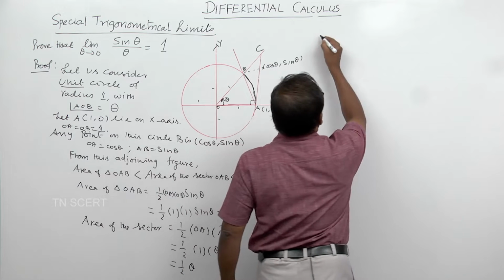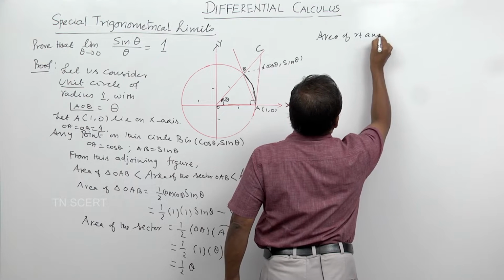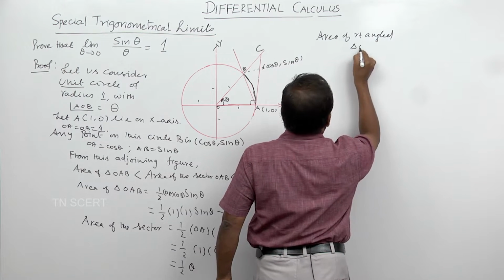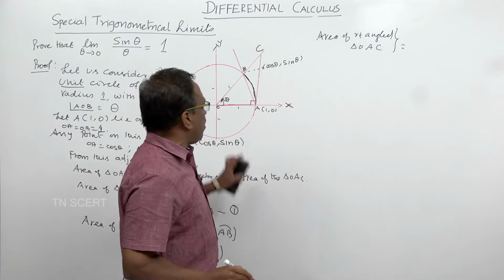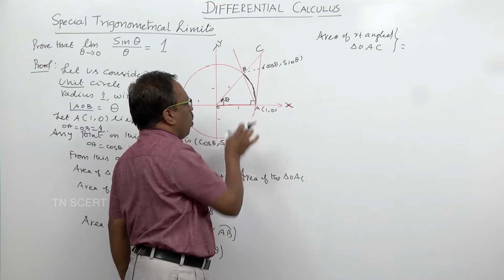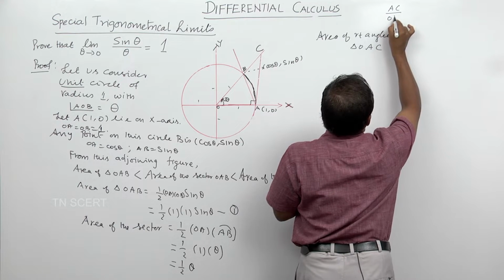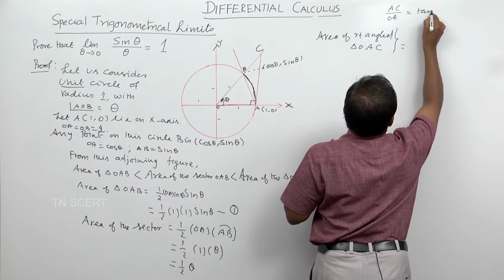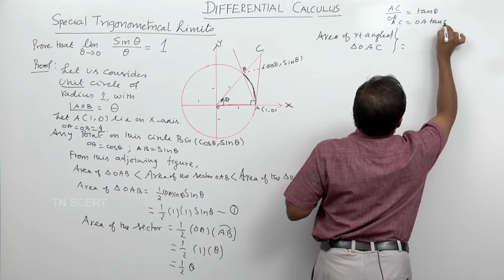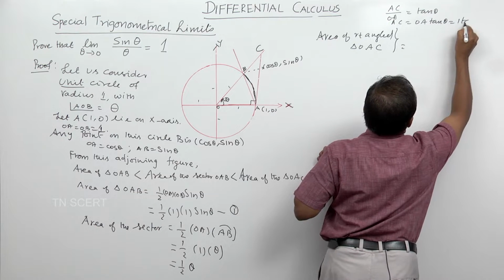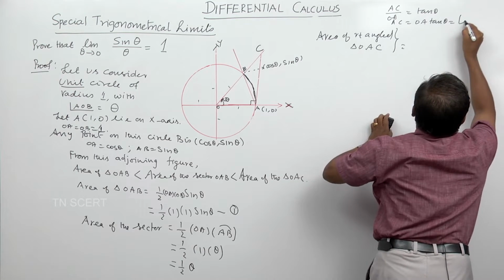Next part, area of a right angle triangle OAC, for which what I have to do is take AC by OA. Before doing this, AC by OA is nothing but tan theta, remember that, and AC is equal to OA tan theta, and OA is nothing but 1, so tan theta.